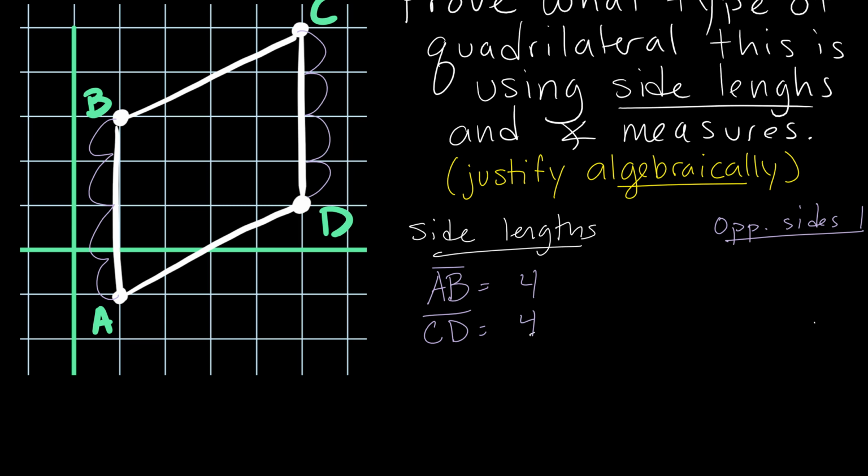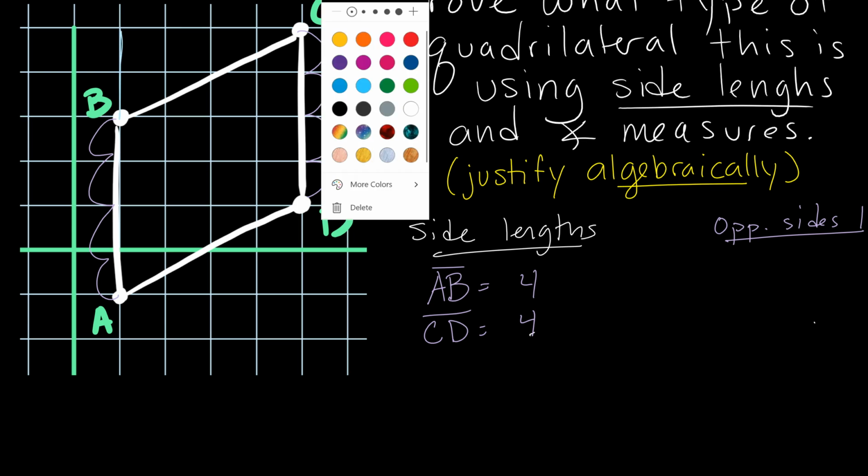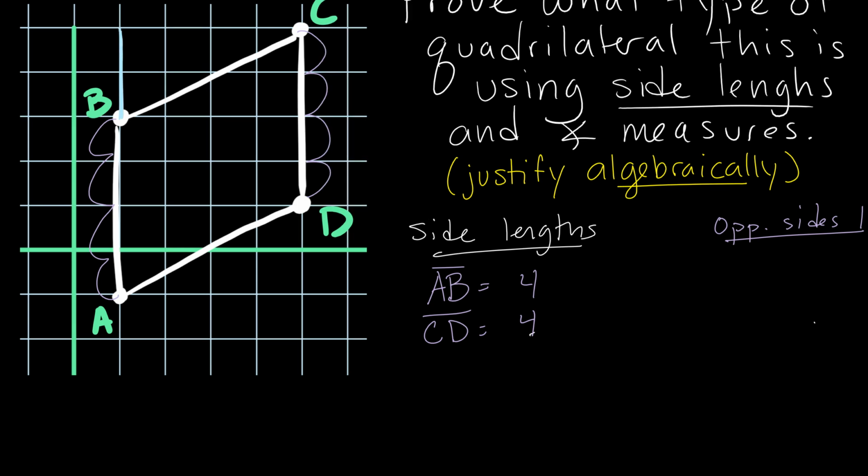4 units. Now, like we were saying before here, to find the length of BC, it's going diagonally. So how do you find a diagonal length on a graph? Pythagorean theorem, yes. So we're going to create a right triangle, like so.